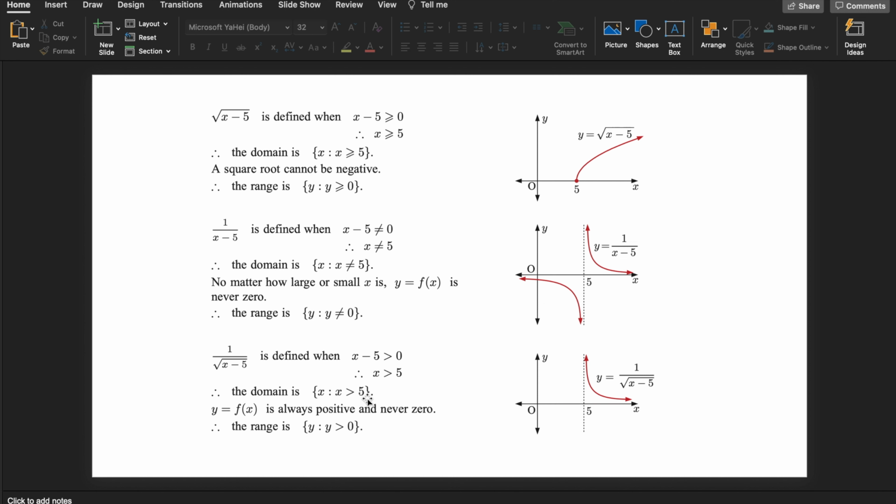So therefore, the domain is this. And as they have stated, it is always positive and never 0. In this case, we said that it's everything except 0, right? But here this cannot be negative because the square root part cannot be negative. So therefore, it's positive. And this cannot be 0 like I previously mentioned. And this is the graph.